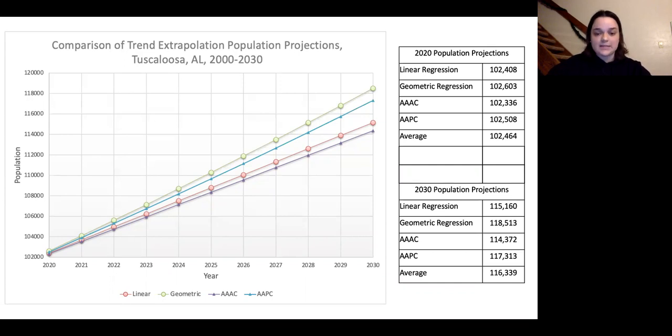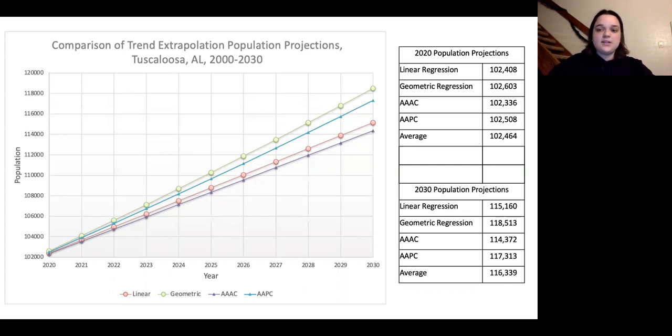And this is to be expected because the linear and average annual actual change are based on a constant rate of growth, while with the other two, the rate continues to increase as time goes on. So the farther away you are from that observed data, the faster that population is going to grow with the geometric and average annual percent change methods.